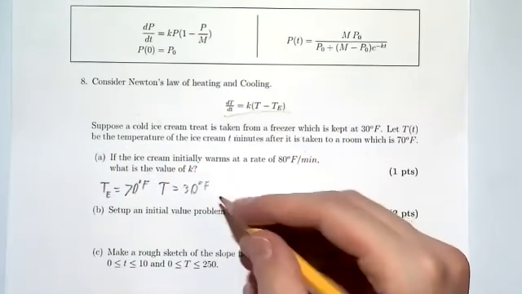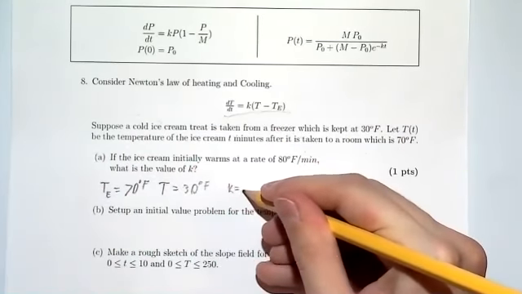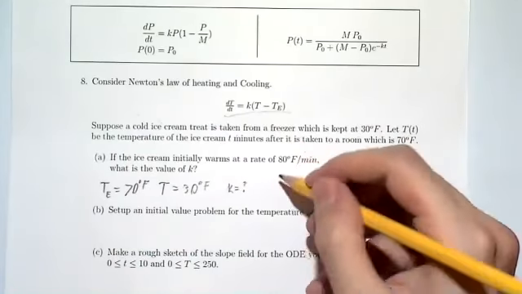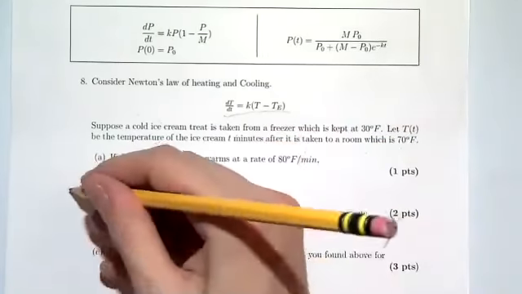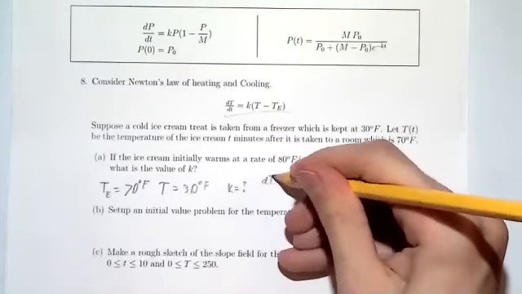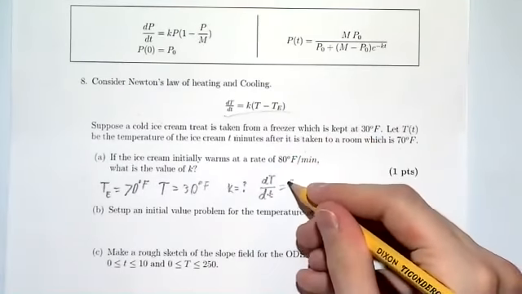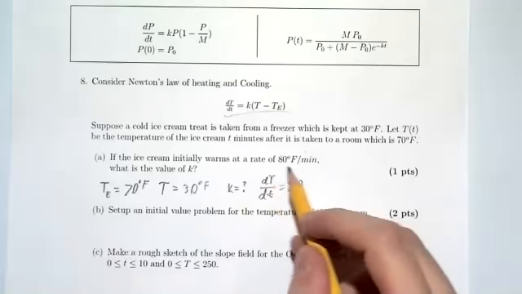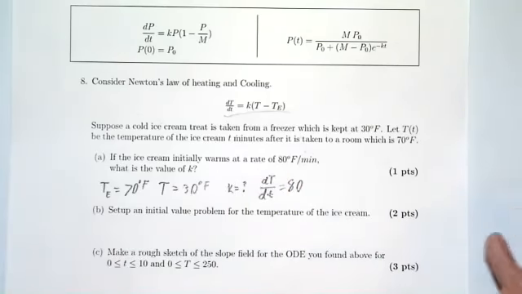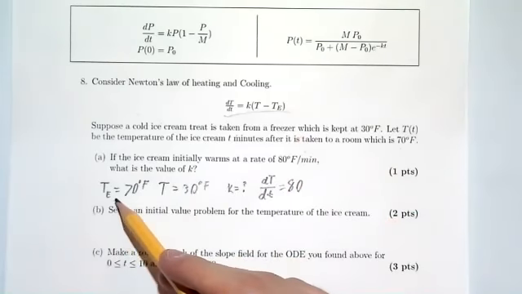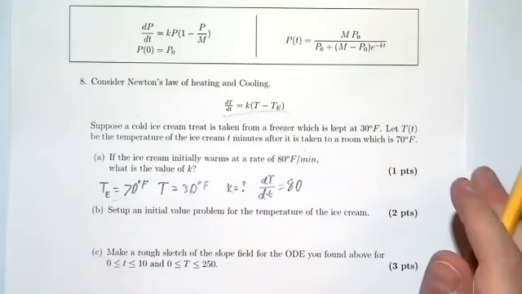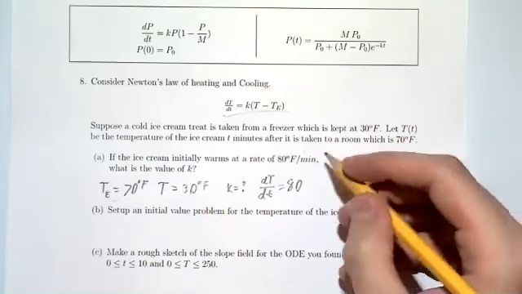And we're going to try and solve for K. So we know that, oh, and I guess I should also say dT/dt is equal to 80. And this is positive because it says it warms, which makes sense given that the environmental temperature is higher than the temperature of the object.